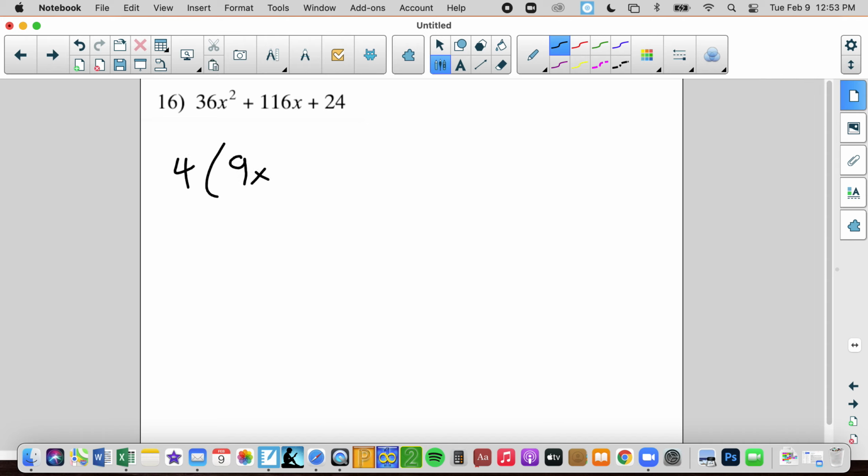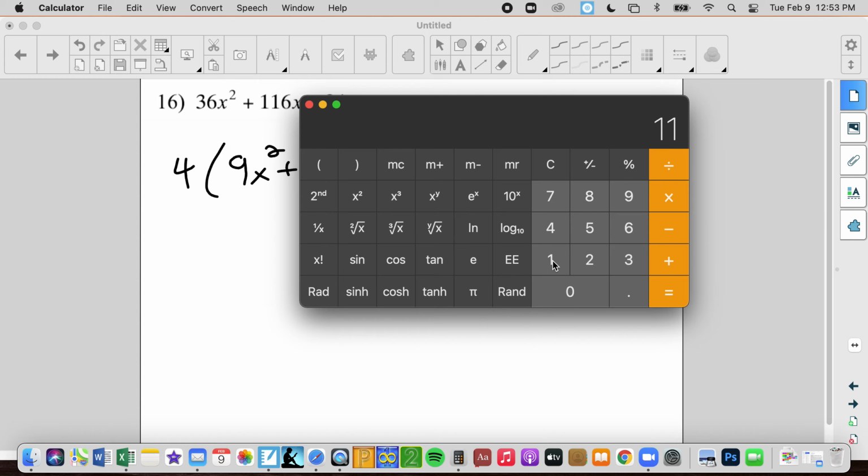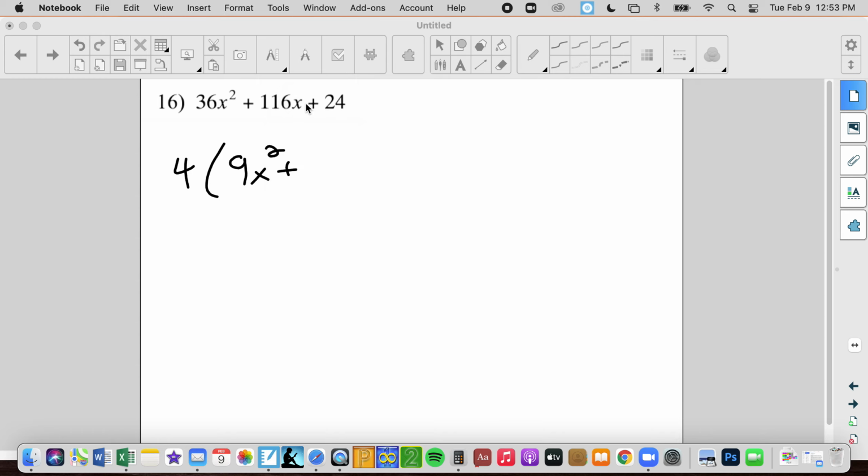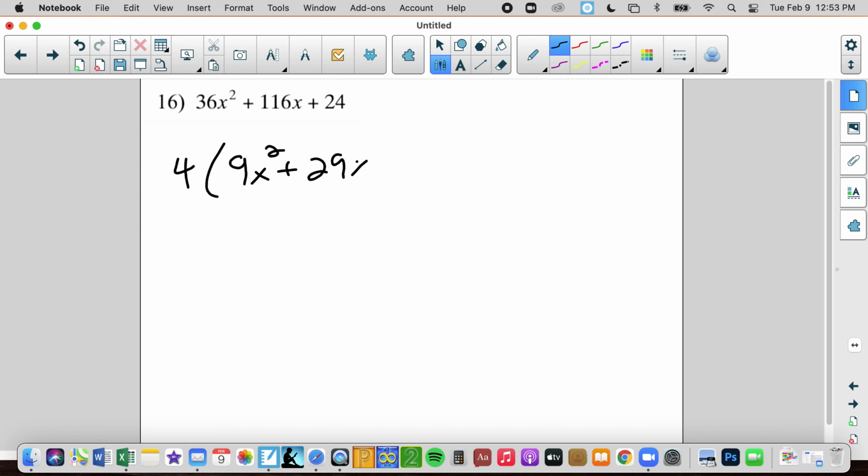That gives me 9x squared, 116 divided by 4 gives me 29. That's an obscure one. 29x, and that's 6. So I know that I factored properly, not a binomial square, not a difference of squares.